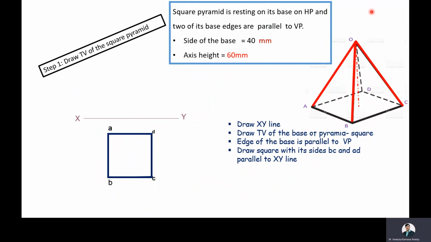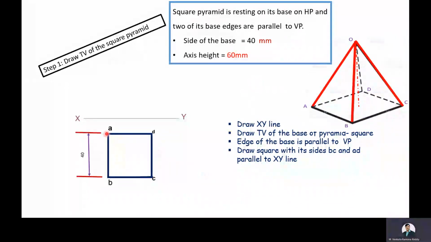After that, in top view, in addition to the base of a square pyramid, we are able to see the slant lines, say OA, OB, OC, OD. So we need to locate point O in the top view. For that, draw diagonals in the top view of a square pyramid's base.